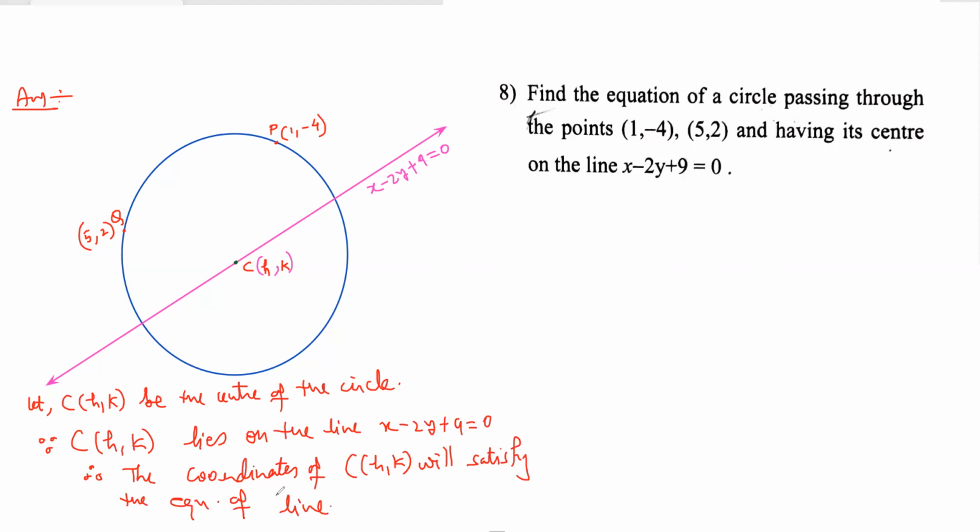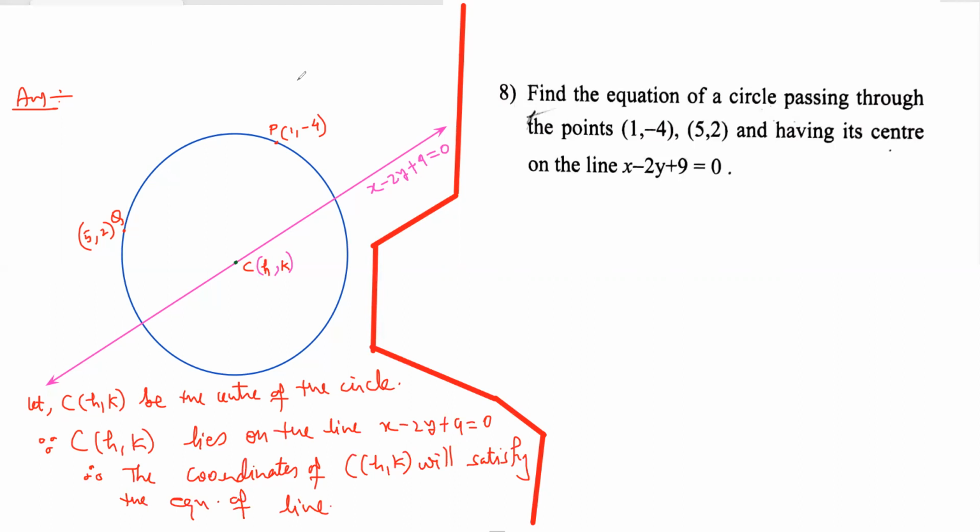This we have done in locus. What have we done? When a point lies on a locus, then the coordinates of the point will satisfy the equation of the locus.